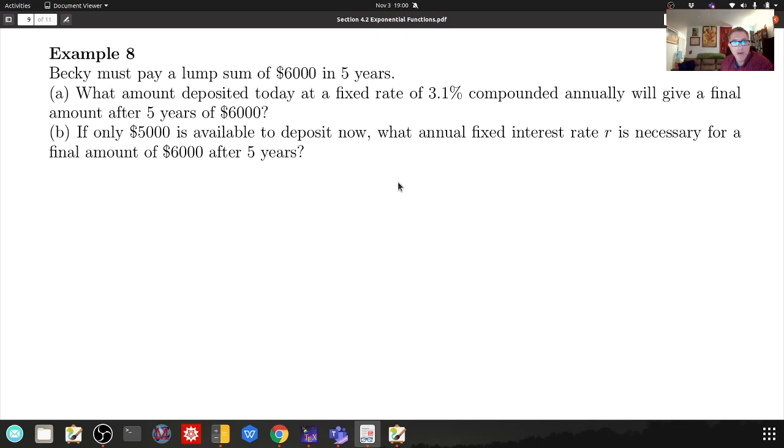So what amount deposited today at a fixed rate of 3.1%, compounded annually, that's once a year, will give a final amount of $6,000 after 5 years? That's worded rather badly. So the fixed rate is 3.1%.